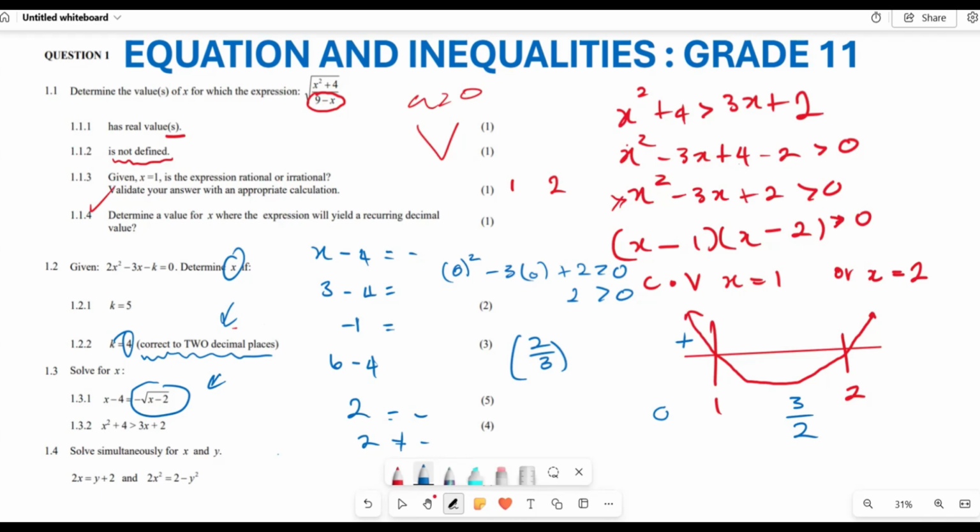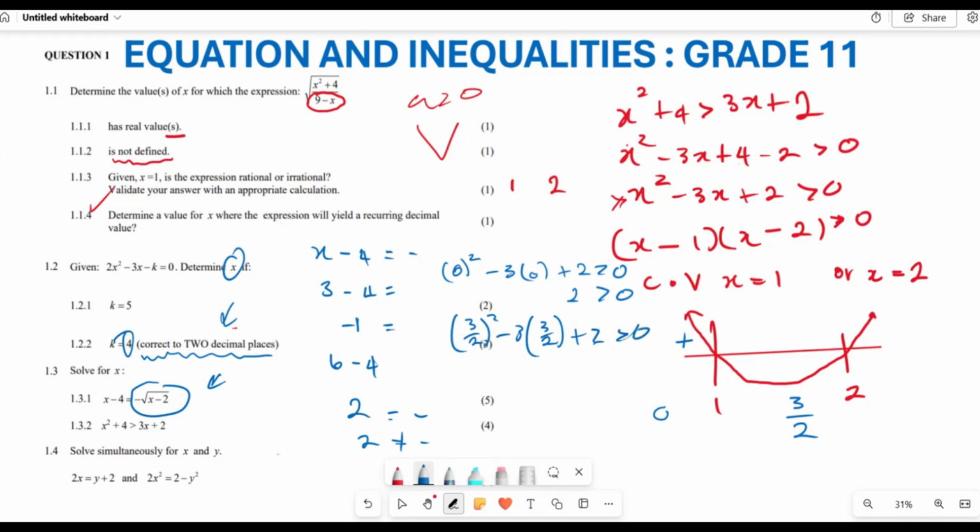Now, what am I going to do from here? Can you see that if I substitute the value in this equation, I am saying this is same as 3 over 2 squared, subtract 3 into 3 over 2, plus 2. Am I getting a value that is going to be greater than 0?